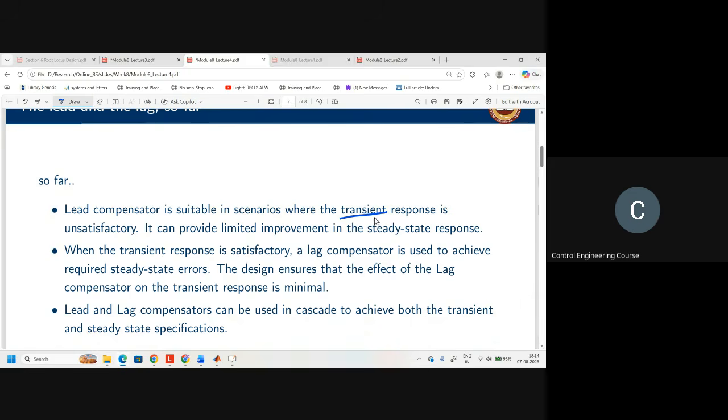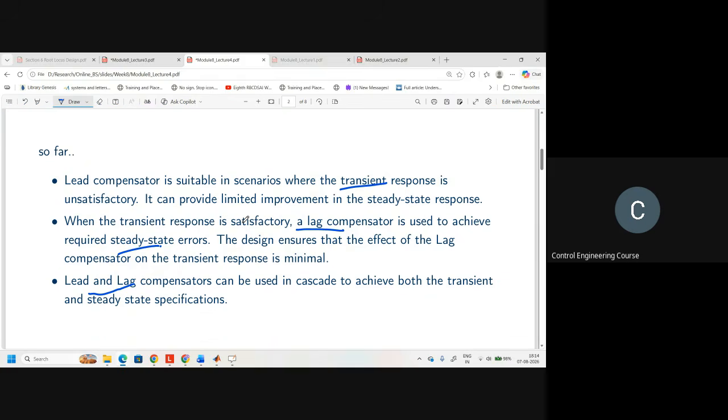The lead compensator satisfies transient response, whereas the lag compensator satisfies steady state characteristics. So if you require both to be satisfied, then you need to design a lead lag compensator. A lead lag compensator is nothing but a lead compensator and a lag compensator connected in cascade.